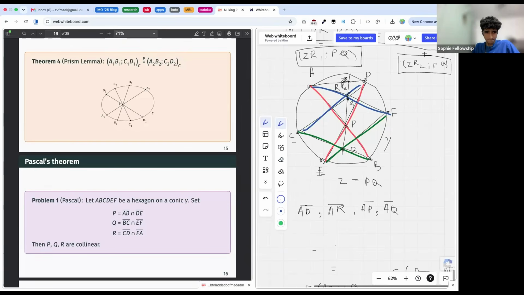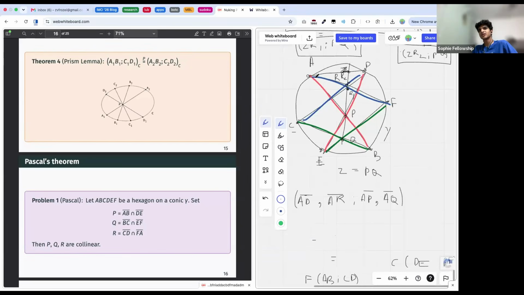So we're going to project this cross ratio to the conic, okay? And that means, by projecting at A, that's equal to the cross ratio of D, F, B, and E.